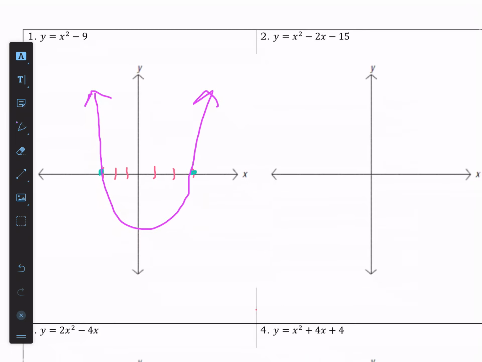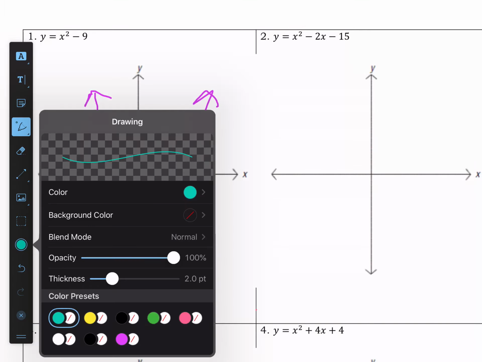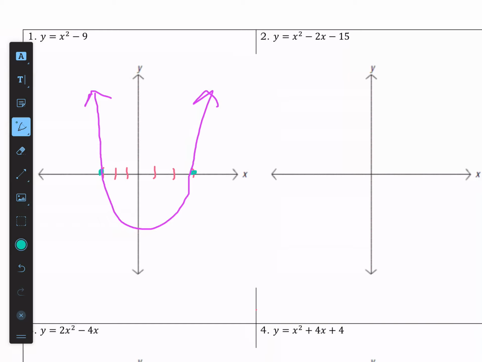Now, looking at the graph, the parabola is intersecting the x-axis, which is the one that goes side to side, the horizontal, at two specific points. So over here, this is x equals -3. And over here, this is x equals +3. Ta-da!